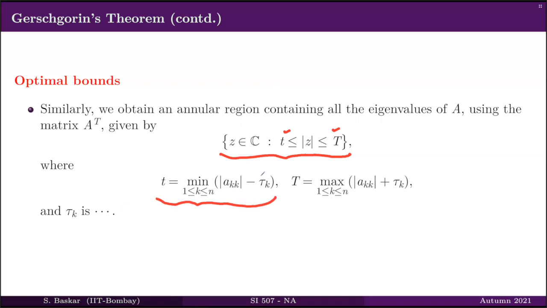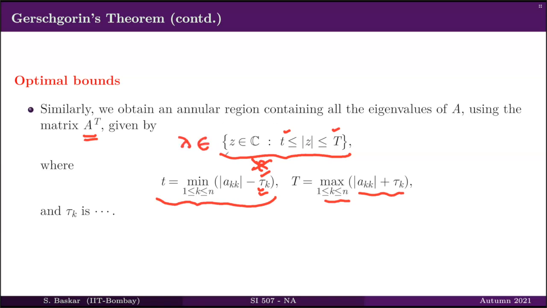Now remember, it is not rho, but it is tau now, because we are applying our Gerschgorin theorem to A transpose. That is, as per the corollary, we are now constructing the annular region. And similarly, all the upper bounds you take and take the maximum of that. And you can see that again, the same eigenvalues of A, because they are basically the eigenvalues of A transpose. Therefore, the eigenvalues of A belong to this annular region.